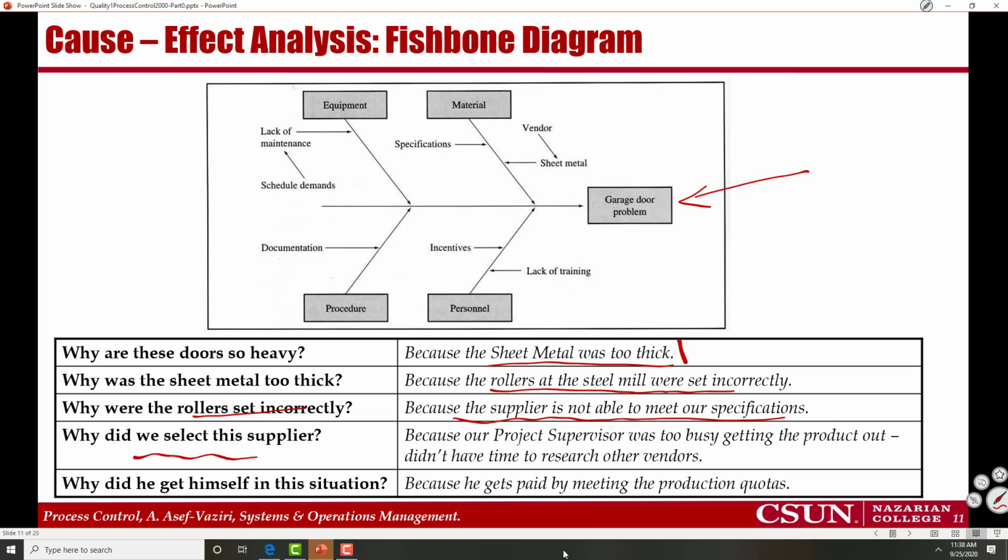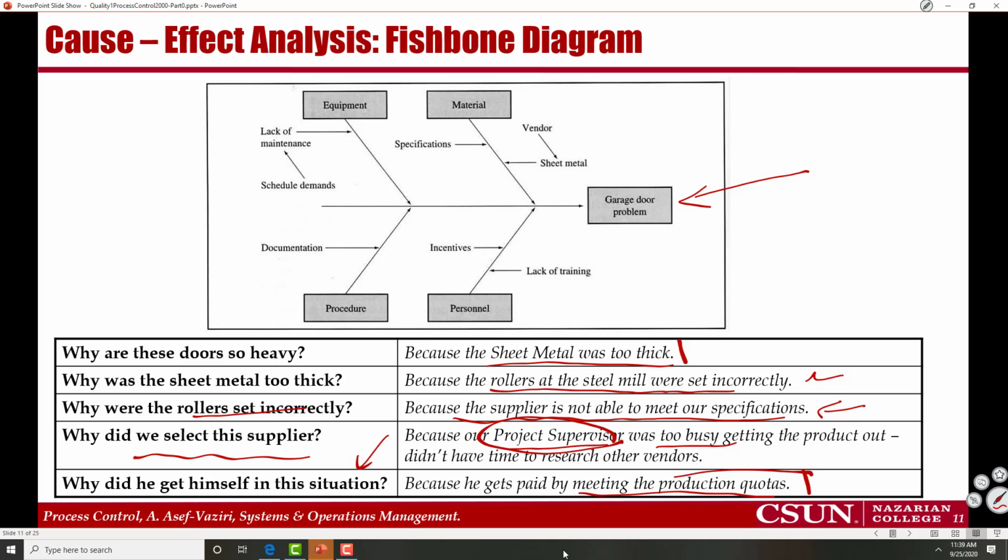Why did we select this supplier who is not able to meet our specifications and produce a metal sheet which is not too thick? Because our project supervisor was too busy and did not look for a well-qualified supplier. Why did we put ourselves into this situation? Because our project supervisor is paid by meeting the production codes.